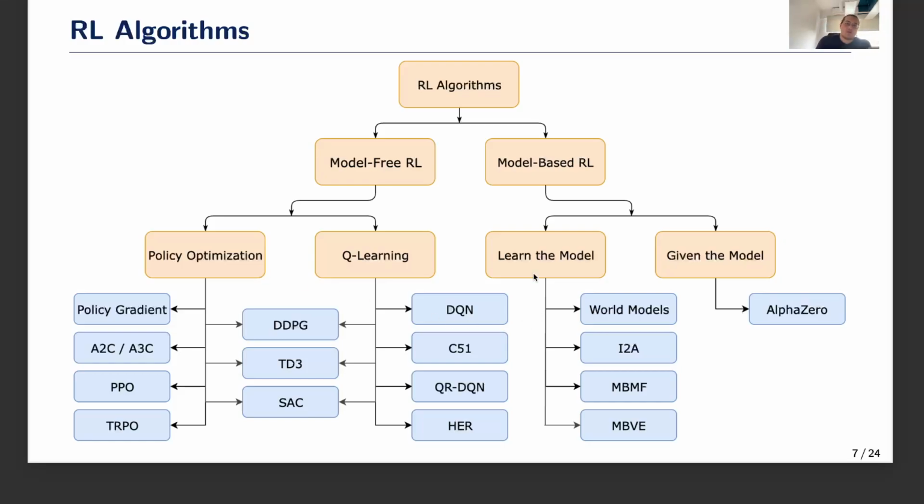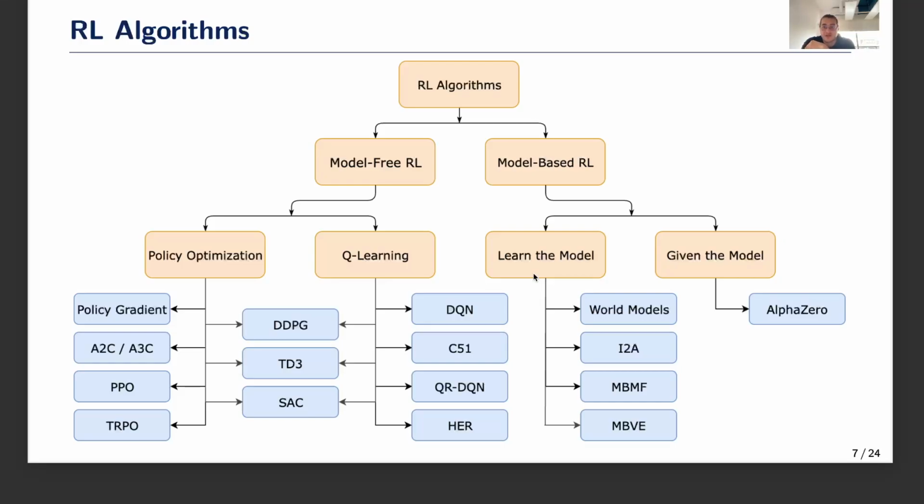Now let's talk about model-based RL. Model-based methods are again split in two: learn the model, and given the model. In the first, we learn the model of the environment, either explicitly or implicitly, and use it for planning or policy improvement.